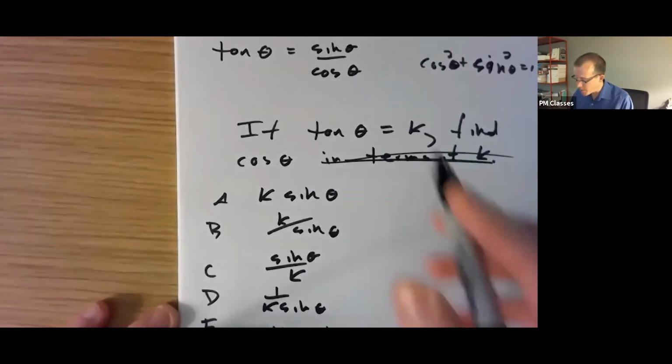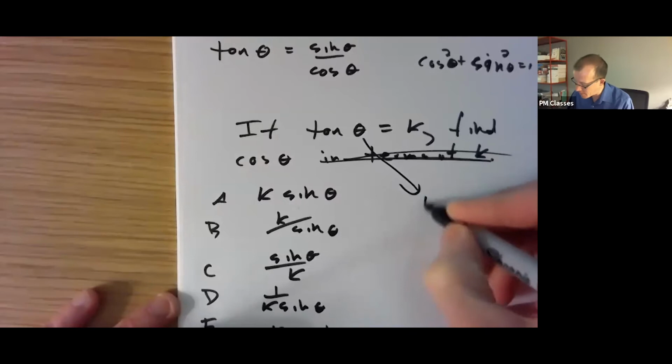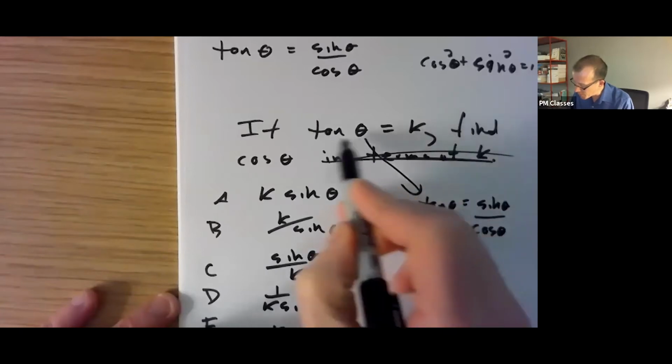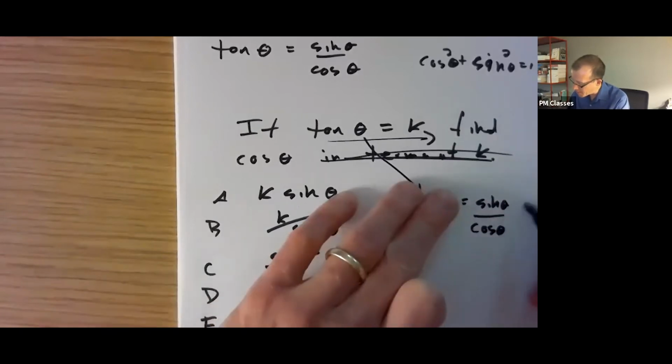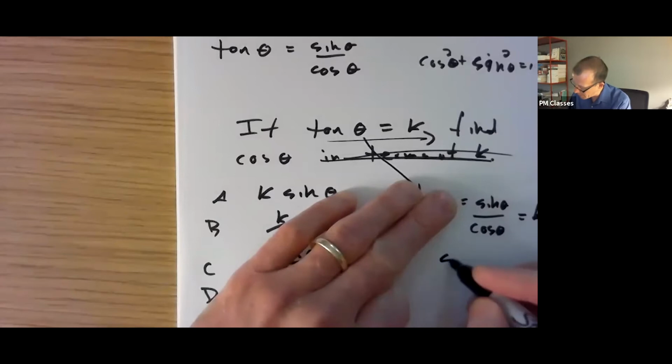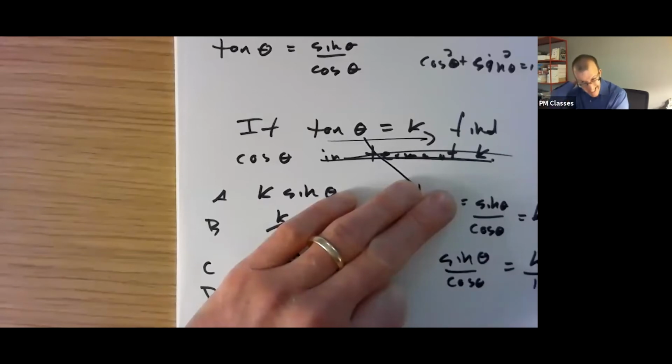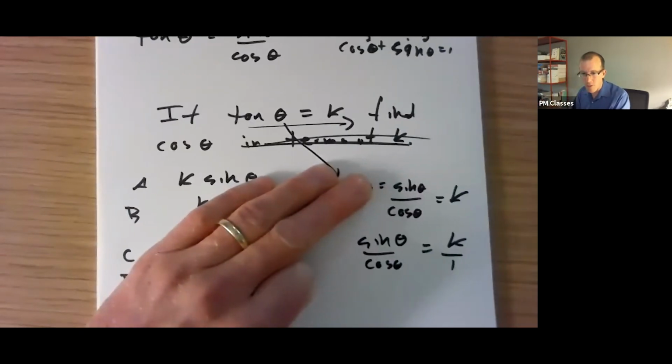So how do we do this? Well, we know that tangent of theta is also sine over cosine. So if tangent of theta equals k, then sine over cosine equals k. So I'm going to rewrite that cleanly. Like I said before, I like to undo ratios by just dropping a 1 and cross multiplying.